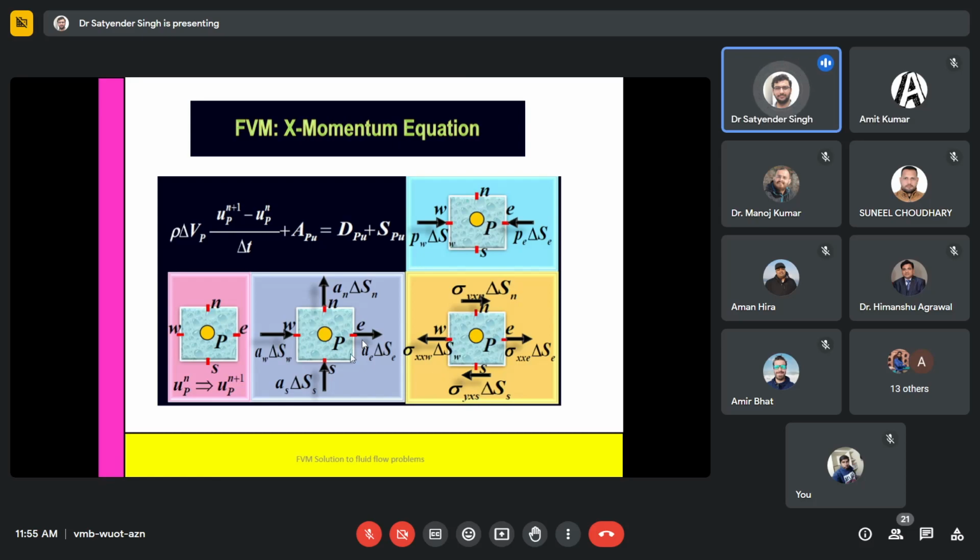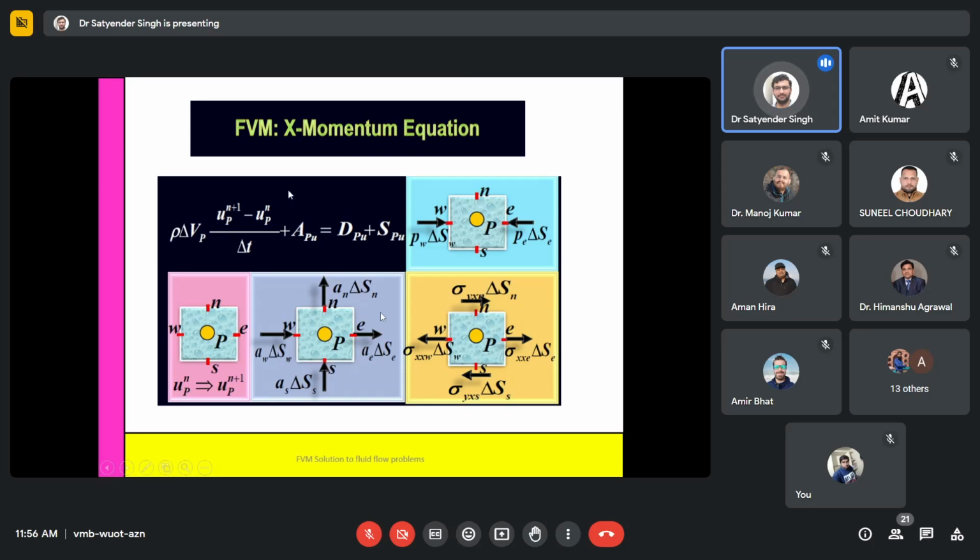I will simply replace the sigma with mu del u by del x or mu del u by del y, and that will be represented explicitly for a delta x or delta y distance between the two cell centers, and this term will be discretized. Likewise for the pressure terms also, we will only do the pressure balance, and we'll write the discretized form for the source term.